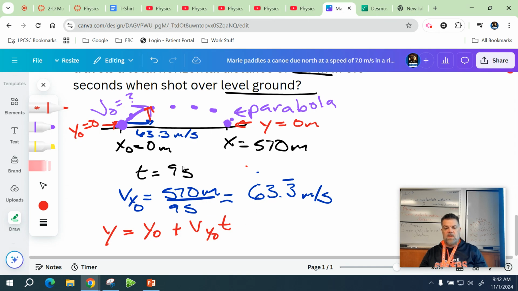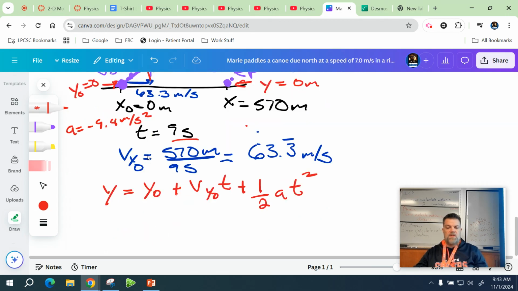Do I know the time? Yep, there's the time. It's the same for everything. Plus 1/2 times the acceleration times the time squared. Oh yeah, I probably should mention that the acceleration due to gravity is 9.8 meters per second squared.